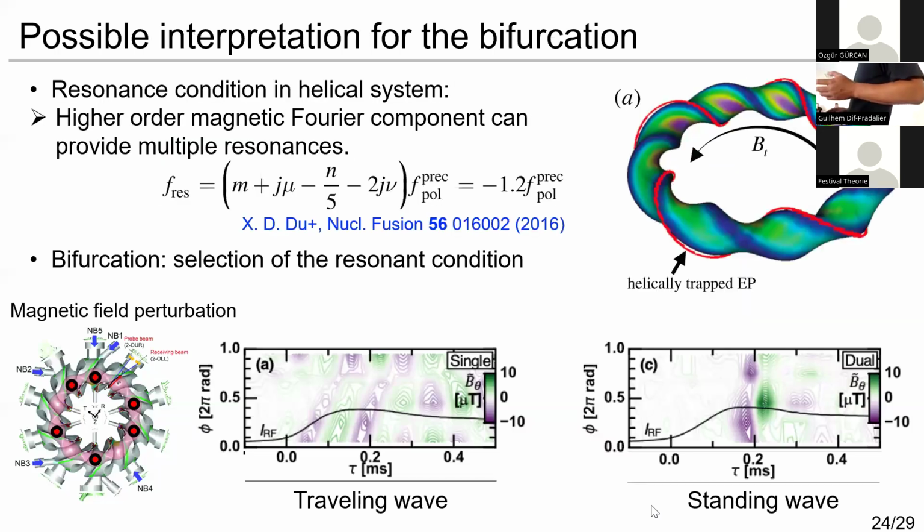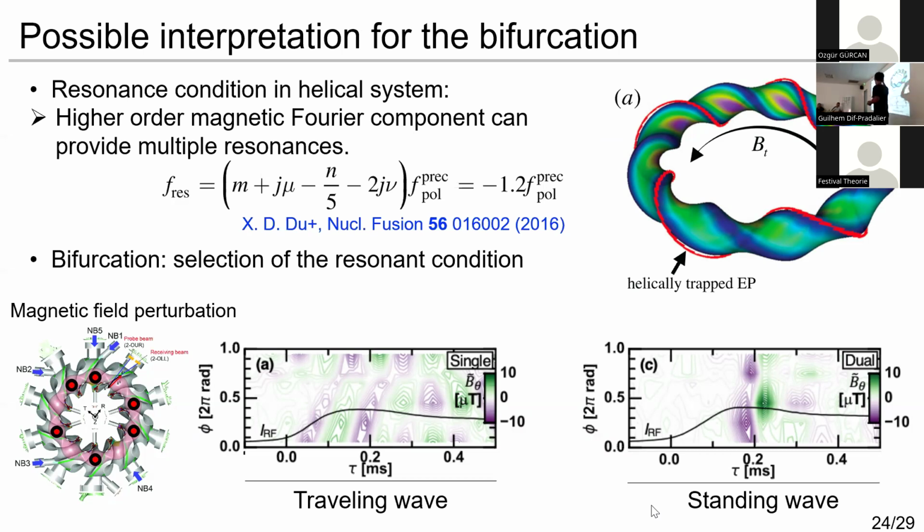Finally, let me discuss a possible interpretation of the bifurcation. The resonance condition in a helical device is quite complicated because of the existence of higher-order magnetic Fourier components that can provide multiple resonances. This is shown in this equation. The original energy source of the energetic particle instability is a helically trapped energetic particle propagating this way.